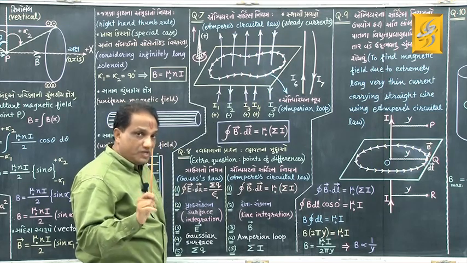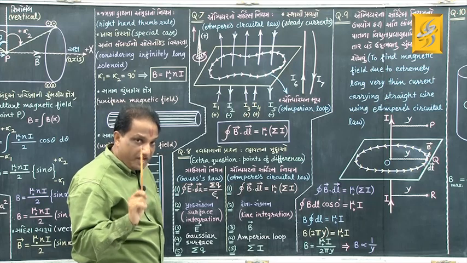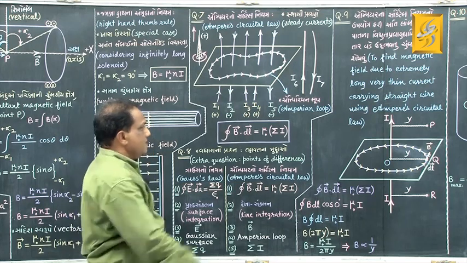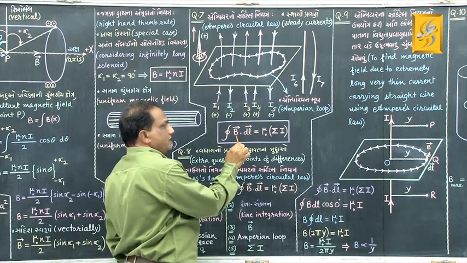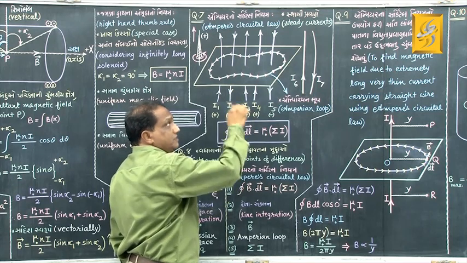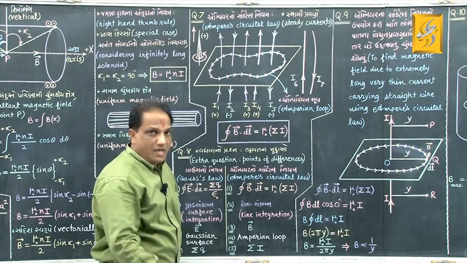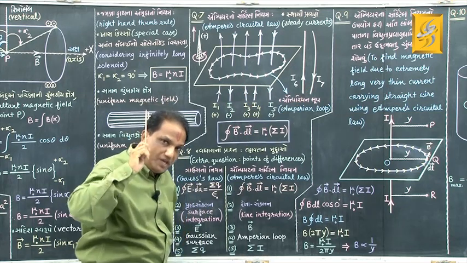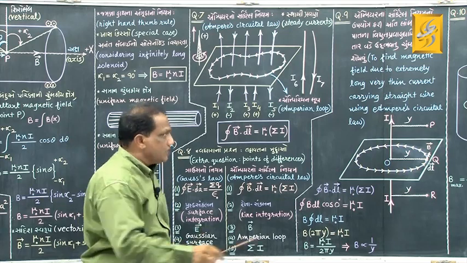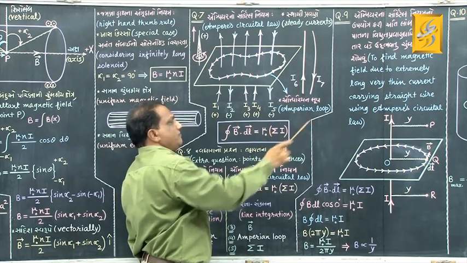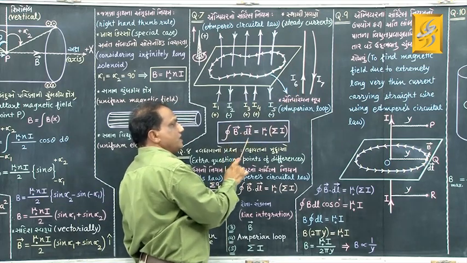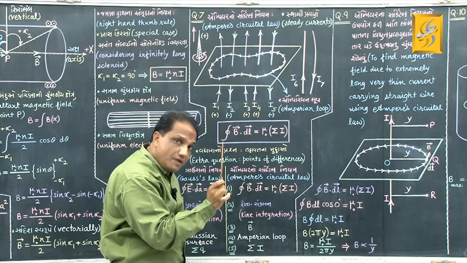My dears, you must note 2 points very carefully. First point, remember in producing the resultant magnetic field in this region, all 7 currents have contributed, and because there is a contribution from each of these currents, we should consider all these 7 currents while finding out this closed line integration of magnetic field, okay?